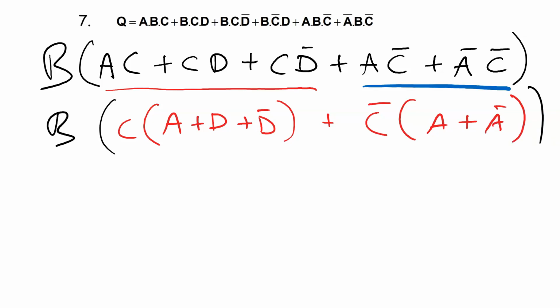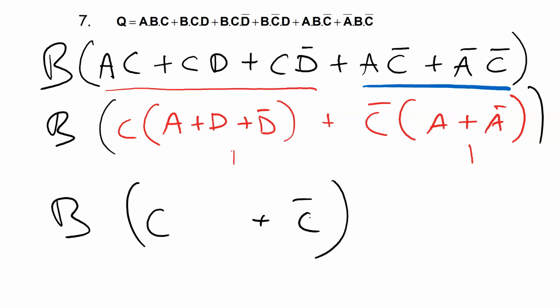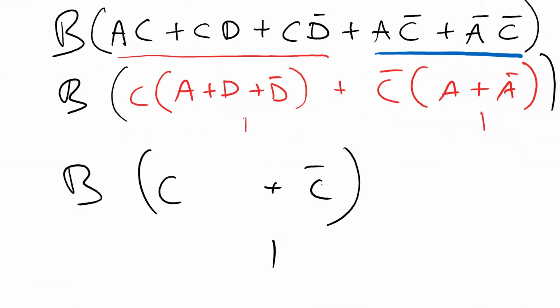It's easily done. Right, let's have a little look. Oh, I should have done it in blue, really, never mind. Well, that's a 1 in it, so that's easy. And that's a 1 as well. So we end up with B, C and 1, or not C and 1. Well, the and 1's magically disappear. And as it's C or not C, that's also 1. So the whole shebang is just B again.